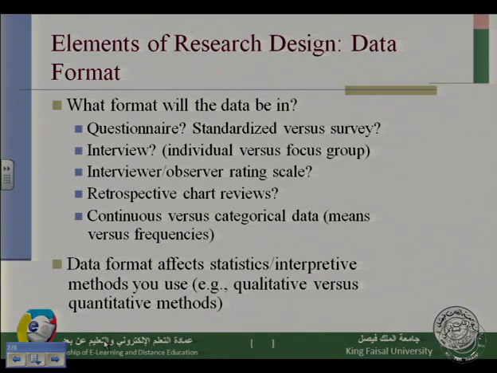We have different methods. We are not going to talk about them in detail because this course is just a basic course. If you need to know more about these methods, I welcome your emails. I can give you a lot of references, a lot of guidance in how to select the best method.